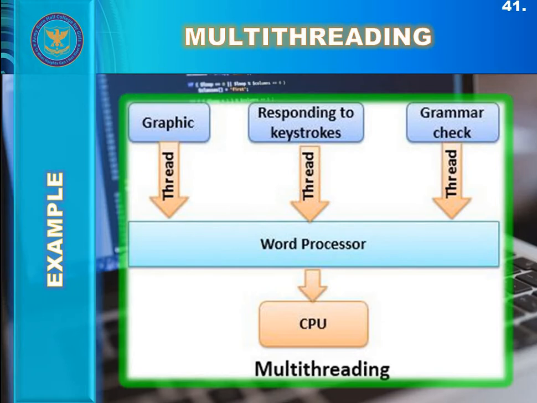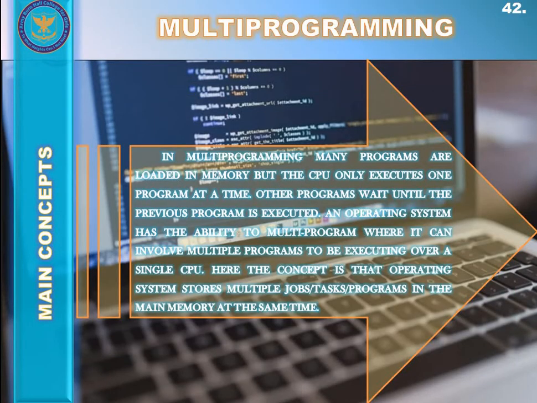A user is typing a paragraph, and in the background all these threads are running continuously. As soon as the user is typing, the other thread notifies the user about the spelling mistakes. So the CPU is handling multiple threads at the same time, executing one thread, then the other, and it goes on and on. After multi-threading, now let's talk about the phenomenon of multi-programming.